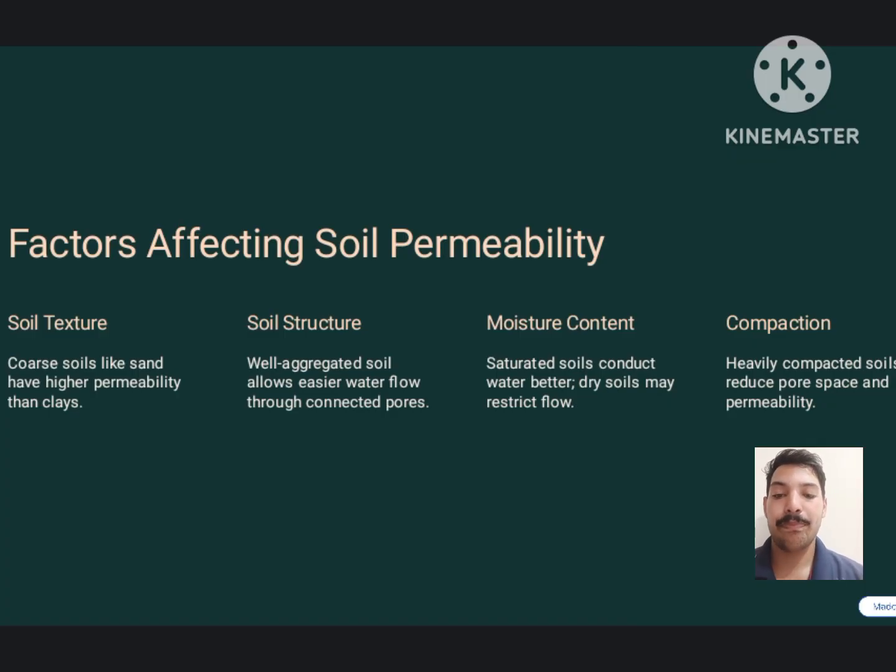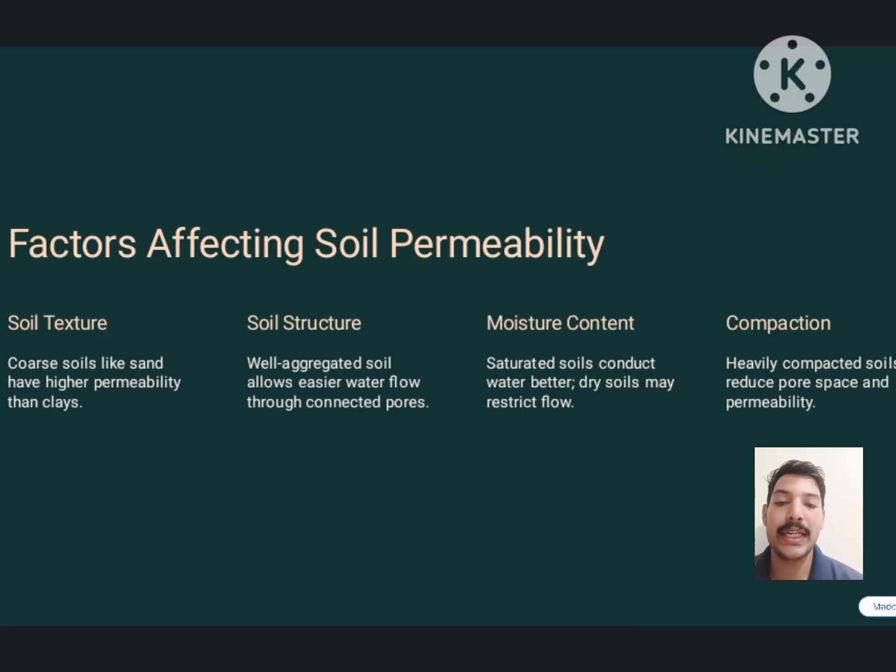Soil structure: well aggregated soil allows easier water flow through connected pores, because well aggregated soil has many air gaps between the aggregates, so water can easily go through it. Moisture content: a saturated soil conducts water better, while dry soil may resist flow. Heavily compacted soil reduces pore space and permeability.